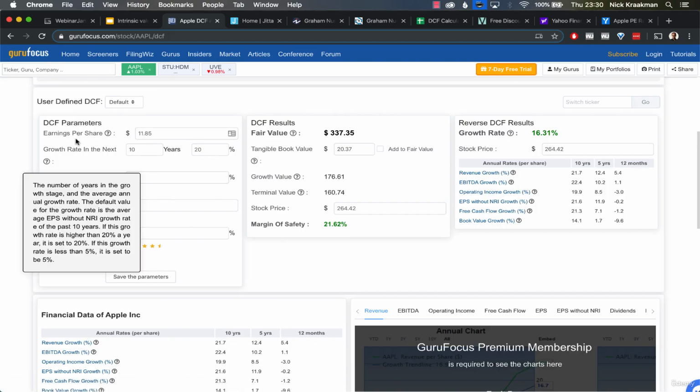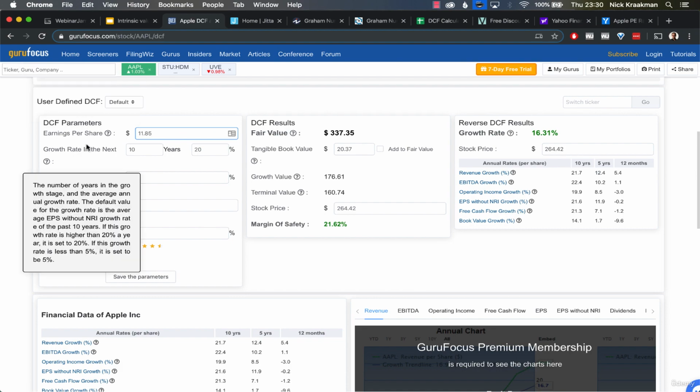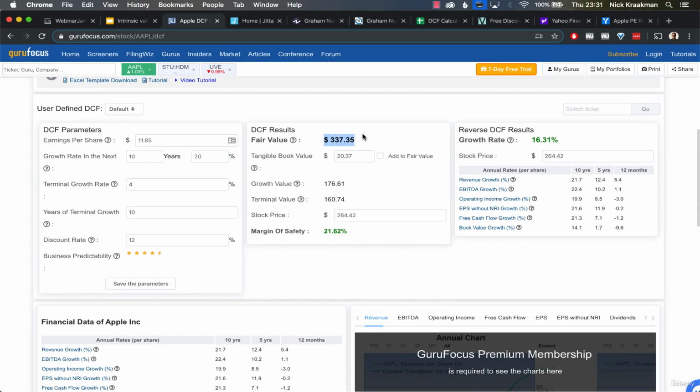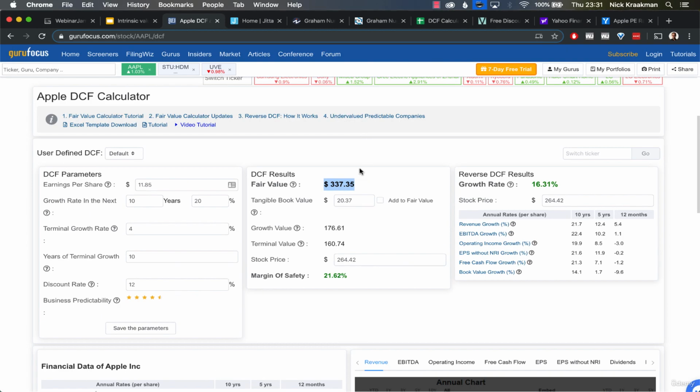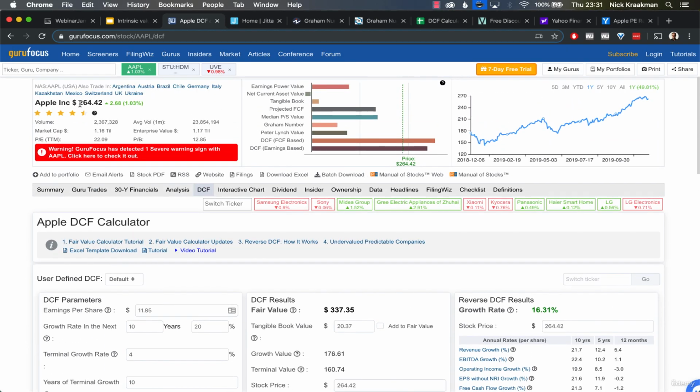What we see is it pulls the current trailing 12 months earnings per share for Apple. It says that in the next 10 years they expect it to grow 20%. I think this is a default value, so we're gonna have to change that, because right now you see the fair value, which is another word for intrinsic value, is estimated by this tool to be $337, and Apple's current share price is $264.